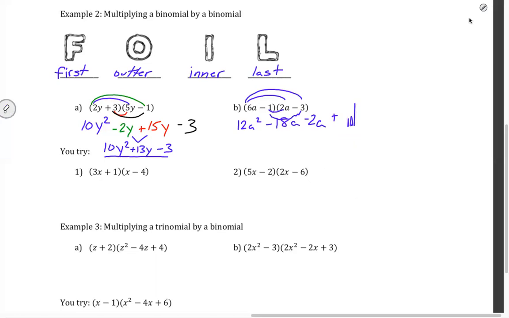Now, real challenge is I got to combine my two middle terms there. So I have 12a squared minus 20a plus 3. I was so worried about that. Whew. Now, you guys try. While I align my board, you guys try the two below.